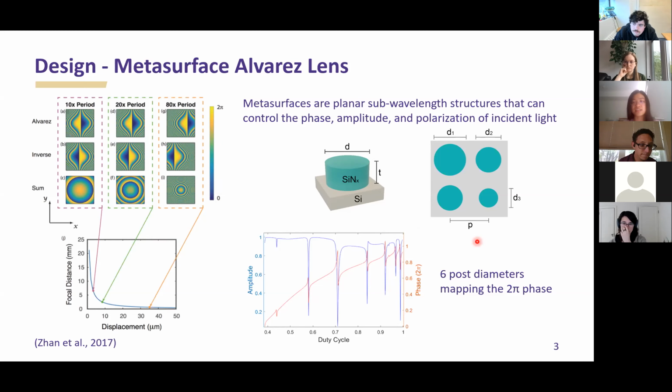Usually you have hundreds, thousands, or even millions of pillars in one metasurface. The calculated Alvarez phase profile is then mapped to 6 diameters of the nanopost to span the phase from 0 to 2 pi, while still maintaining a transmission amplitude around 1. So most of the light is transmitted, but just with a phase being added.